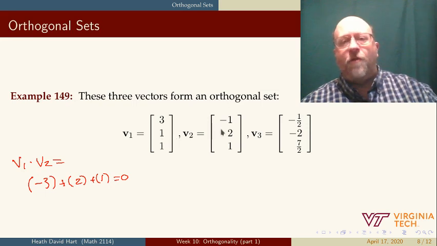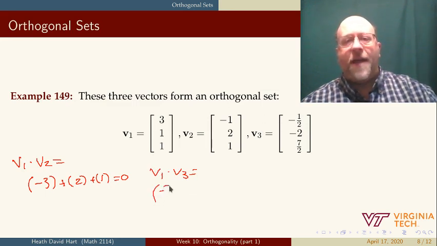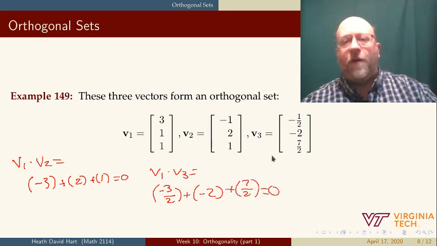If I do v1 and v3, it's a little bit messier because of the fractions. 3 times negative 1/2 is negative 3/2. 1 times negative 2 is negative 2. And then 1 times 7/2 is positive 7/2. That adds up to 0 also.